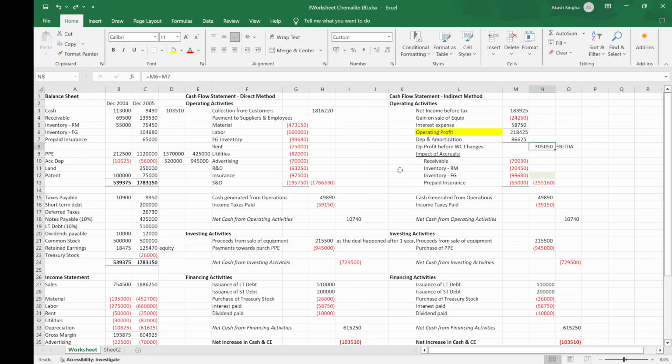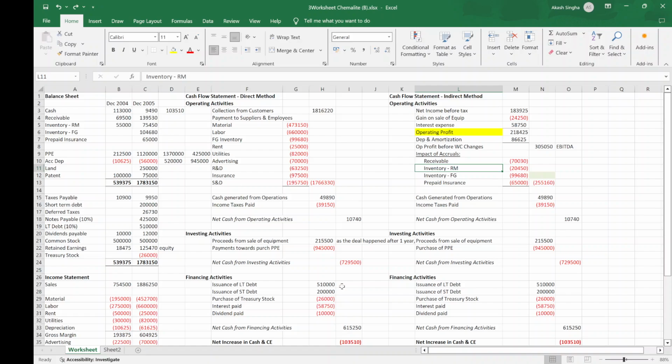Then change in receivables. So receivables increased, so more money got stuck, so negative cash flow. So the negative sign of the difference. Raw materials increased, so again more money went for raw material inventory. The difference is also negative. Inventory was zero and more FG is there, so obviously negative.